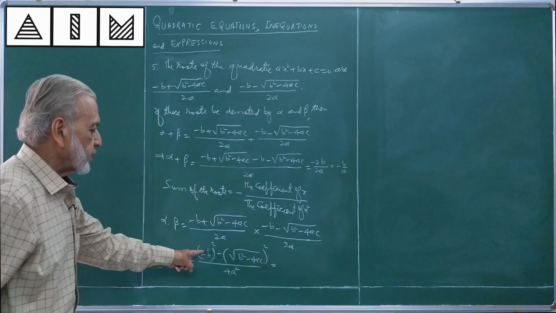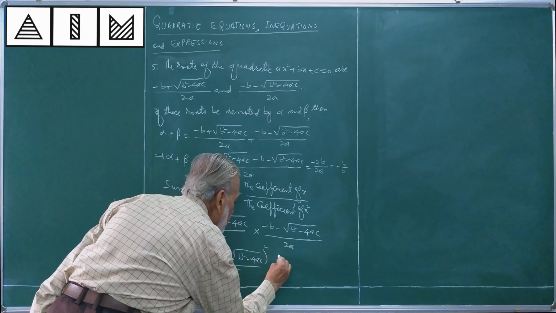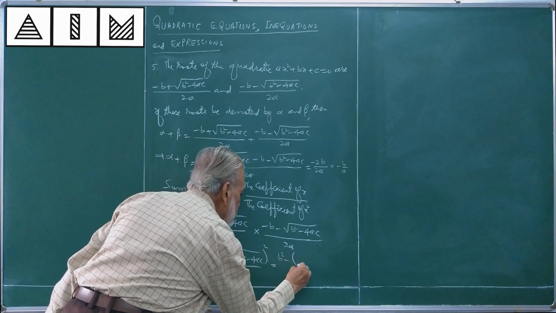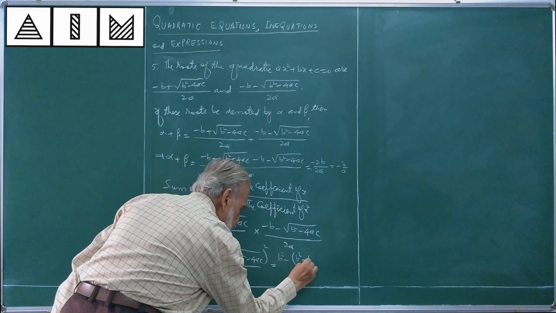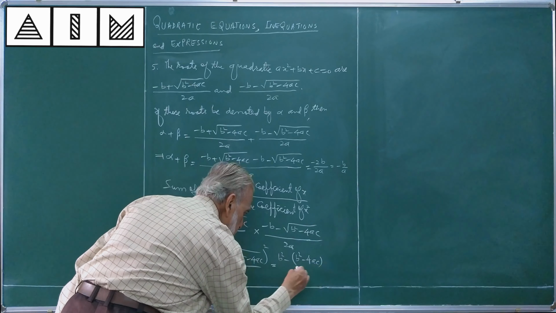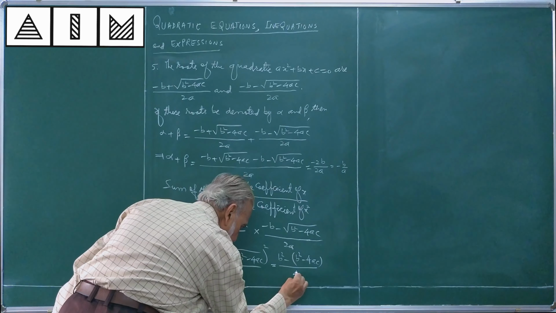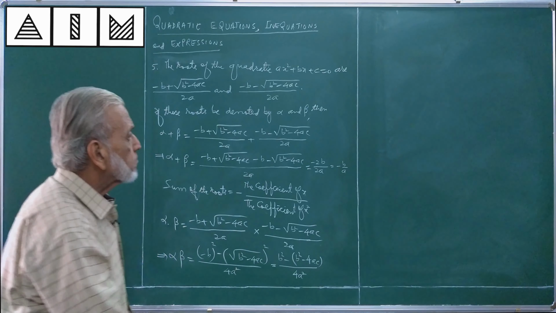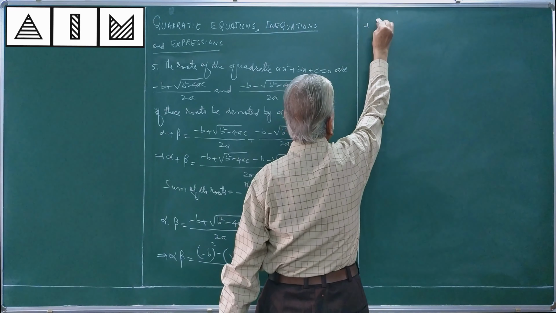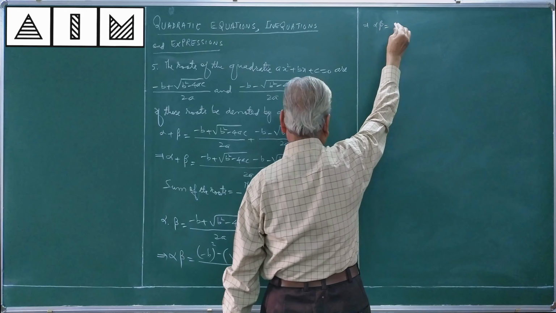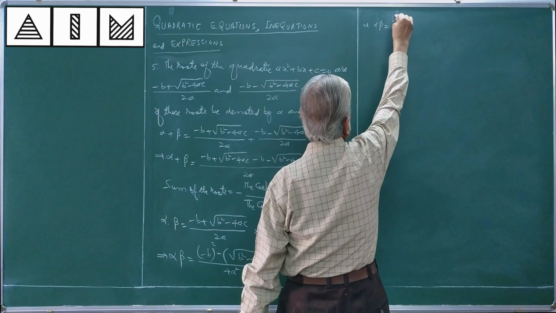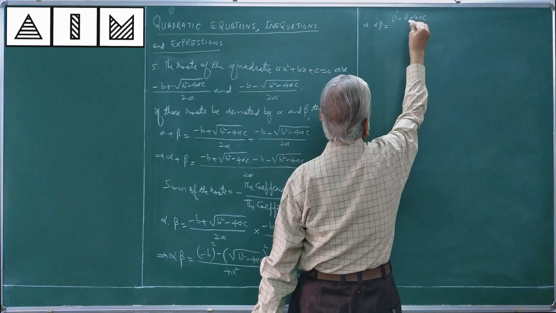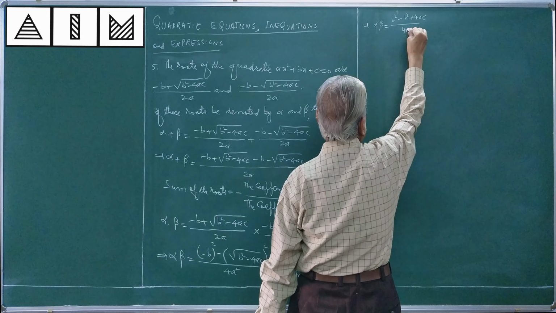Proceeding, this is b square. After squaring, radical disappears. B square minus 4ac by 4a square. Continuing, alpha beta is equal to b square minus b square plus 4ac by 4a square.